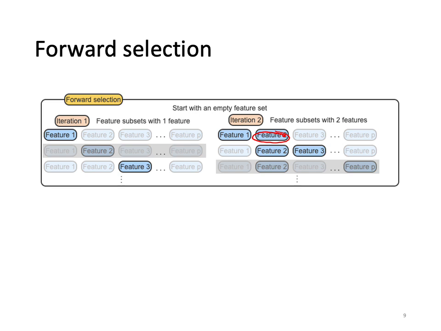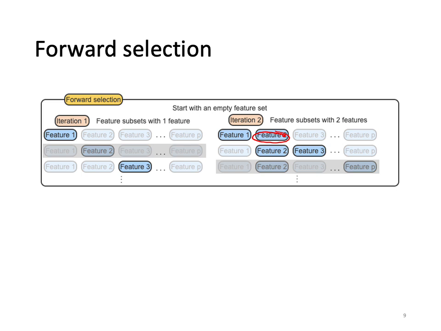In the next iteration, two-feature subsets that contain feature 2 and another feature are used to train and evaluate the model. So you're going to test feature 1 with feature 2, feature 2 with feature 3, feature 2 with feature 4, and so on, all the way through the other P features.